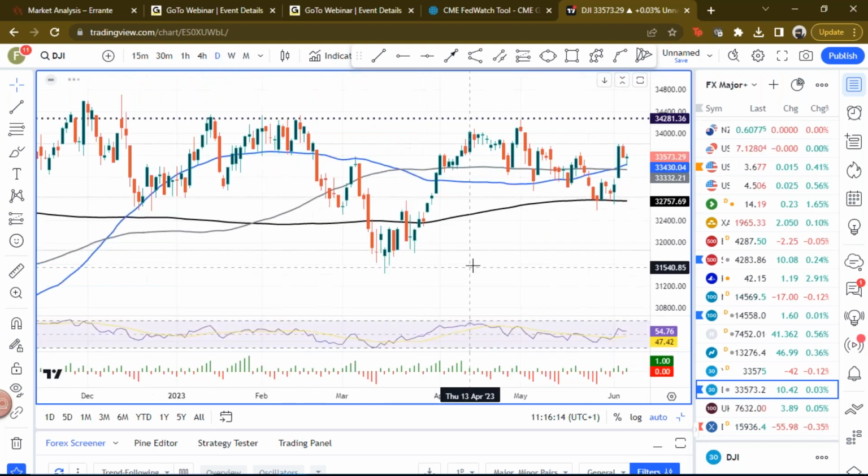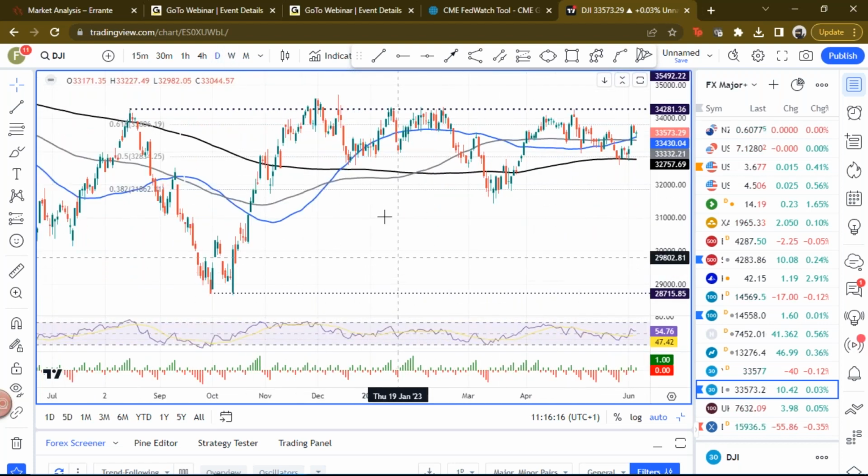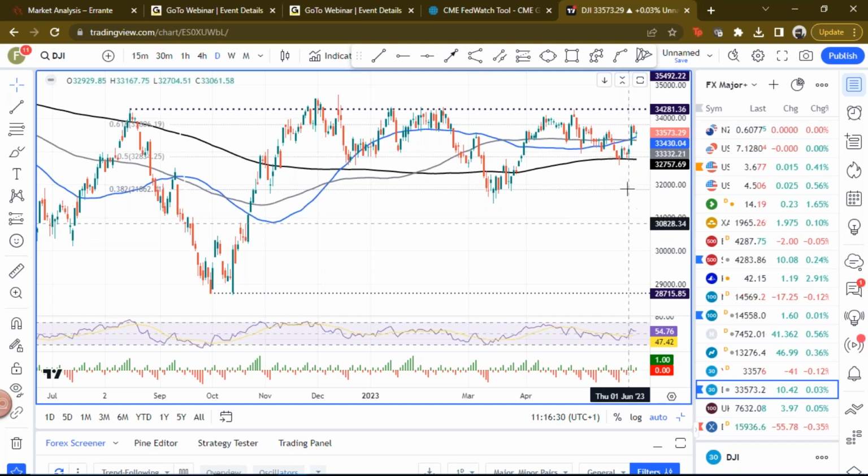And then on the daily, if we pull it back, you can see this push higher on non-farm payroll, above the 50-day moving average at 33,430 and the 100-day moving average at 33,332. We've got this big level of resistance, tapped a number of times over the last few months, this year really, at 34,281. Around that level is strong resistance to any upside move.